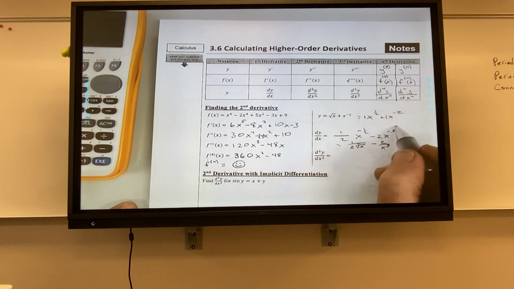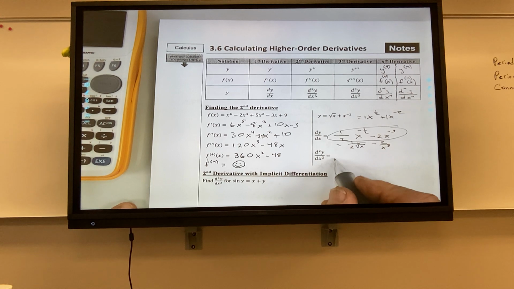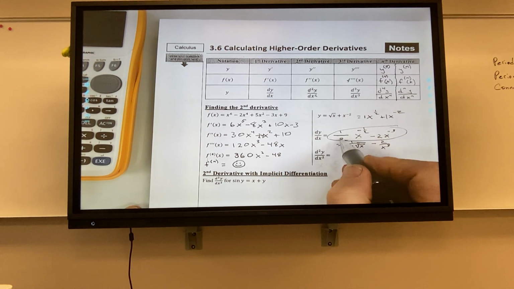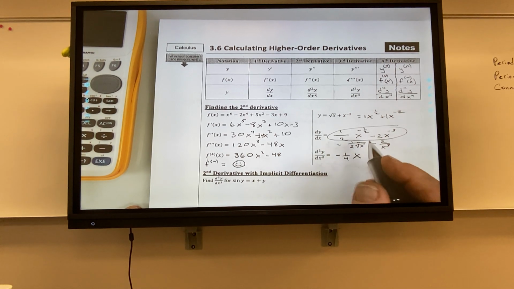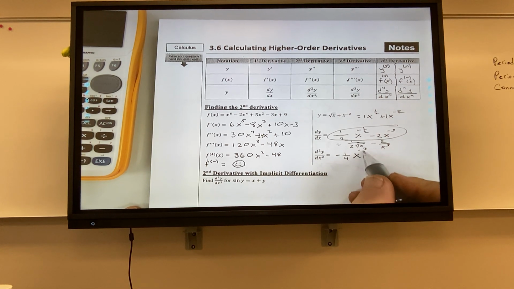So now you're gonna use this to take the second derivative. What's that gonna give me? You're gonna take a negative 1/2 times 1/2. Negative 1/4. X to the, you're gonna subtract 1 from a negative 1/2. Negative 3/2. Yeah, 3/2, perfect.